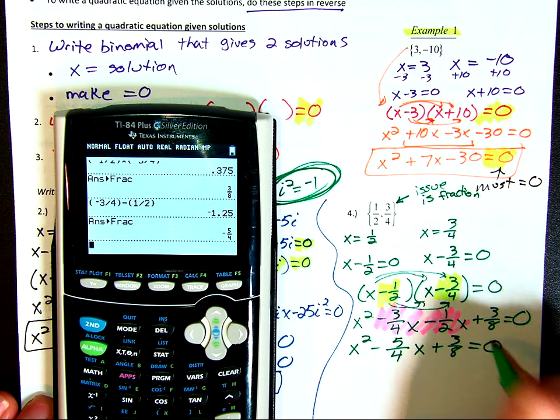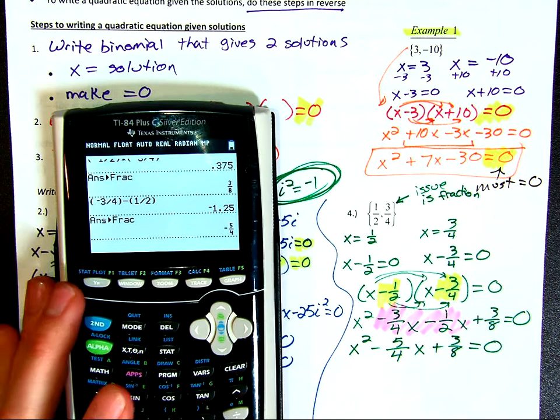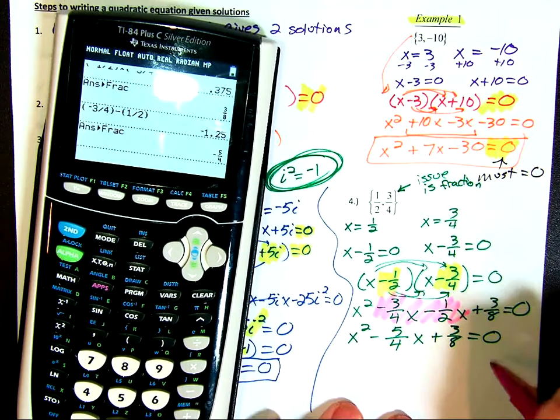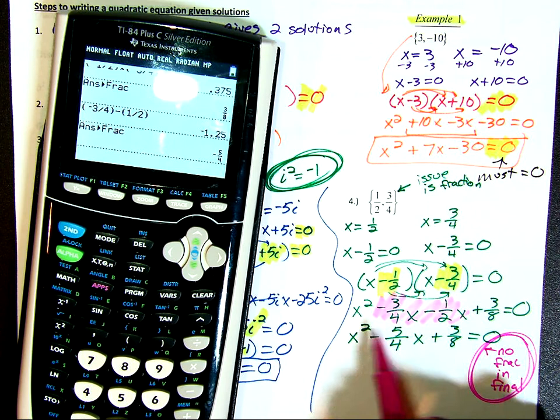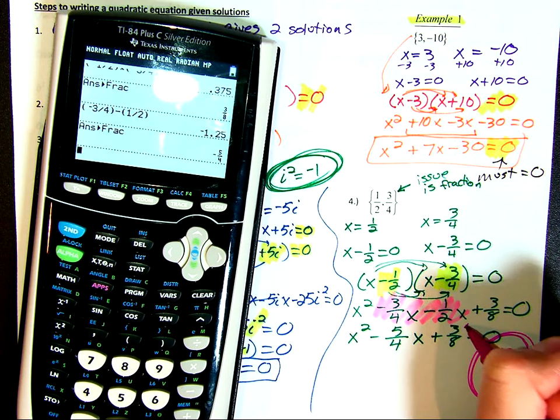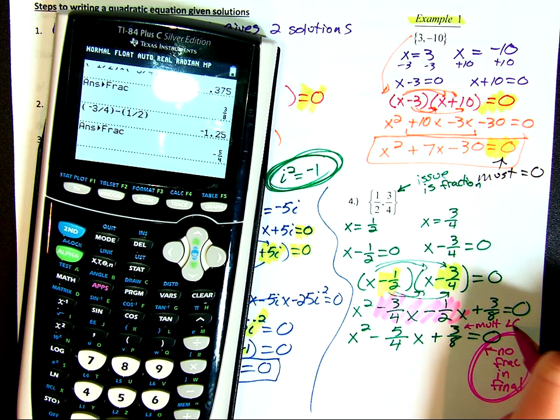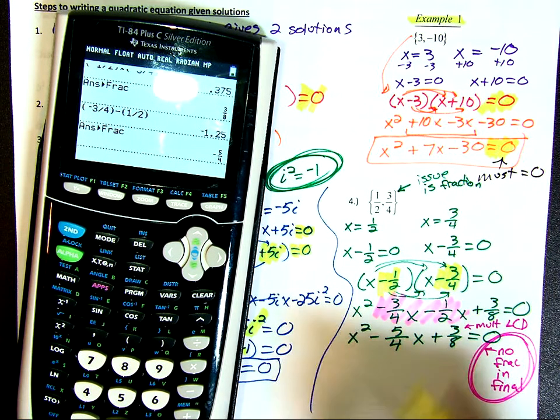Now a lot of you will want to say this is your answer. No fractions in final. This is huge. So I'm going to need to multiply by the LCD to clear my fractions. So I have to think about what's the lowest common multiple between 4 and 8.